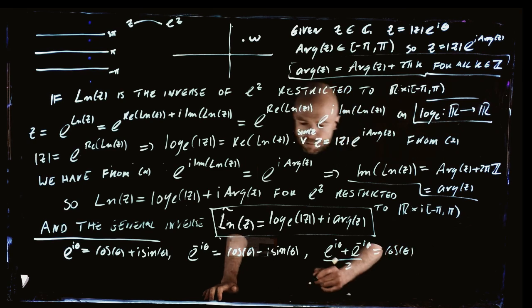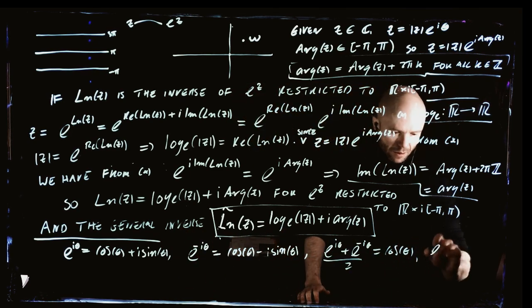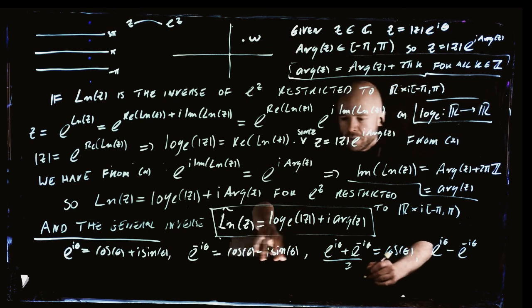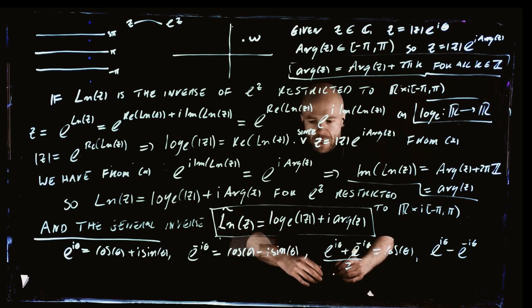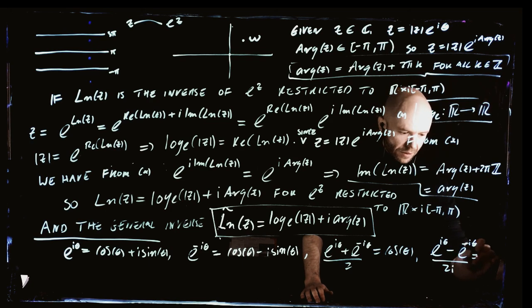Yeah? And a similar calculation, if we take e to the i theta, and now we subtract e to the minus i theta, right? Now the cosines are going to cancel, and we divide by 2i, we're going to get sine of theta.